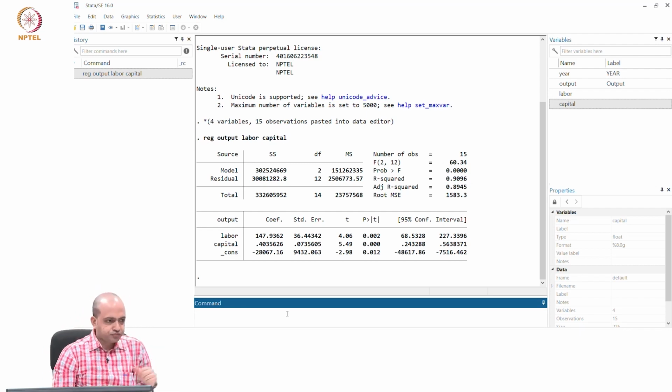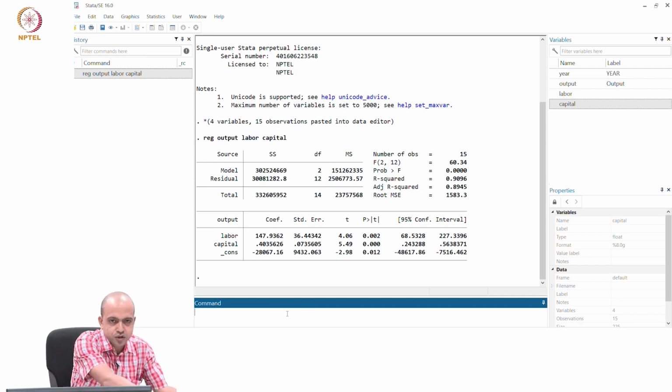Now, what we will do? We will estimate the log transform models. For that, we need to transform all these variables into log. So, let us say how to transform this variable?